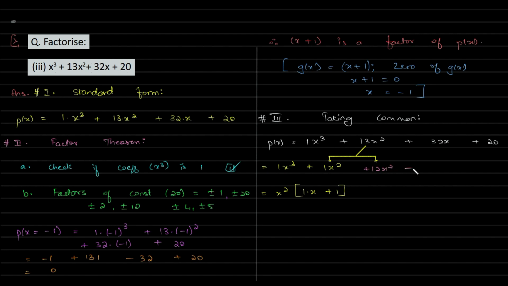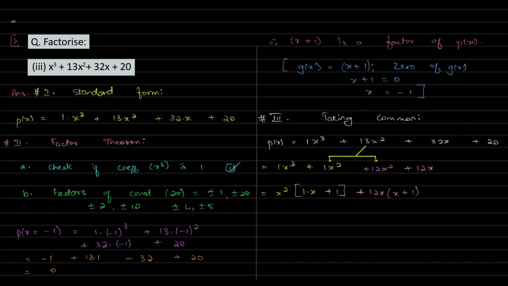So what is the next number which should be along with 12x square so as to take common and get x plus 1? This has to be 12x. So plus 12x is your common, and you have x plus 1.